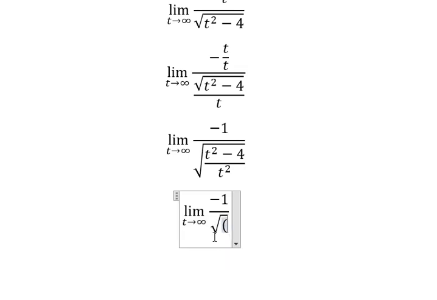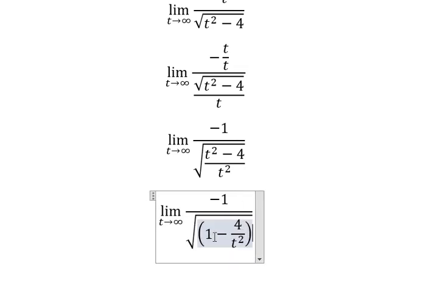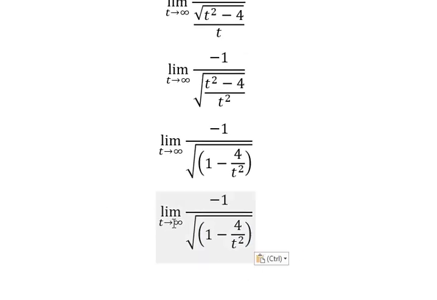So you get 1 minus 4 over t squared. We know that when t approaches positive infinity, this goes to positive infinity. 4 divided by positive infinity, you get 0.